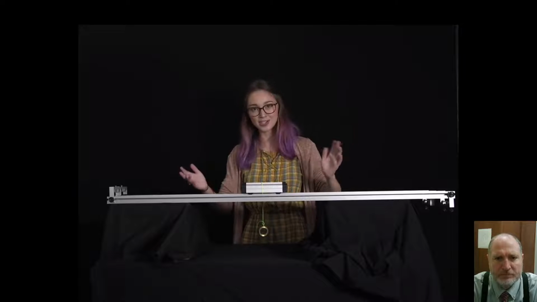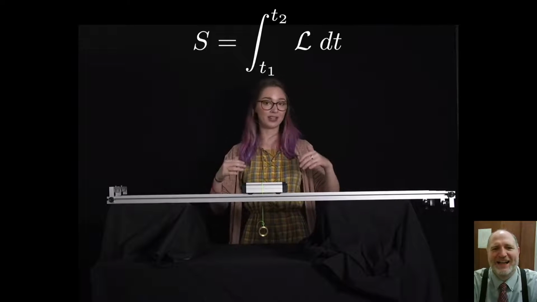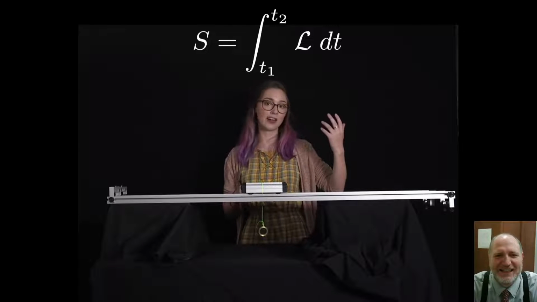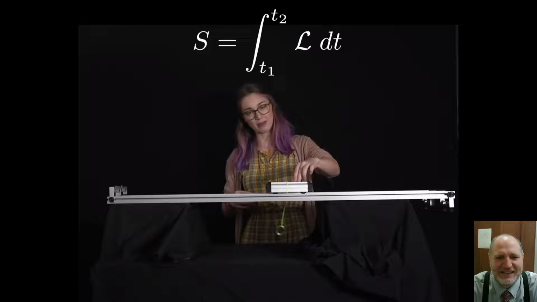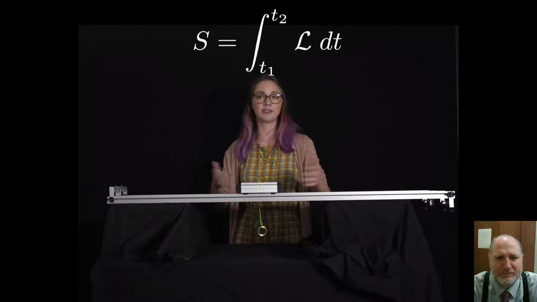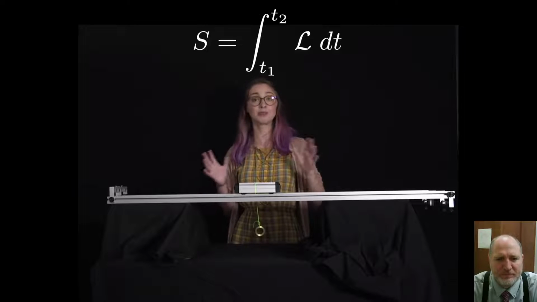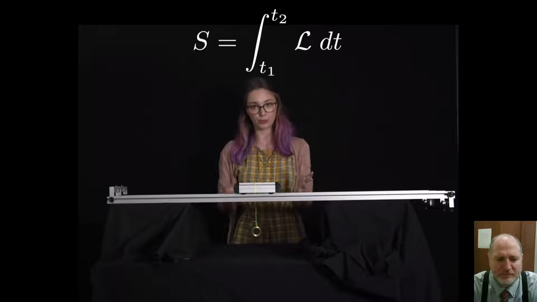So we can define action this fancy way, with S is the integral from T1 to T2, where T1 is like our initial time, T2 is the final time. L is our Lagrangian, which I'll be discussing later, and dt is obviously time. So this equation looks scary, but it's actually really beautiful and combines a lot of really cool things in physics.